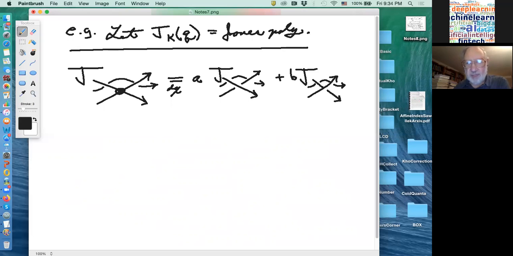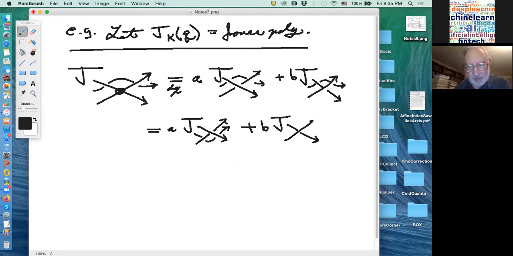Oh, but j is an invariant, so that says that this is equal to a j of, and it's an invariant of knots and links. So after we have lots of different knots and links that could fall in there, but in every case it's an invariant, so this can come down, and j can come down on the other one as well. And now you see the whole idea, don't you? Right?